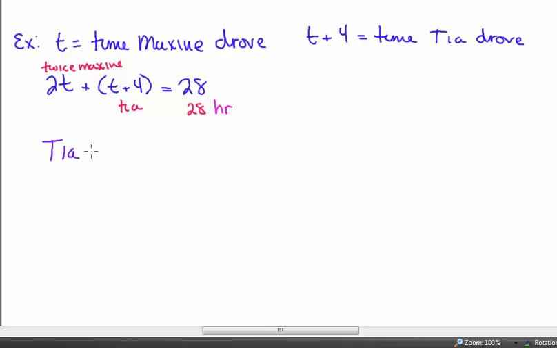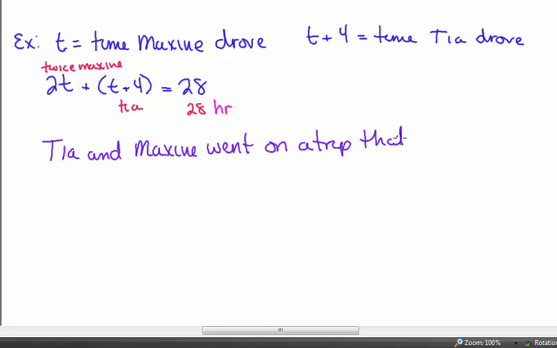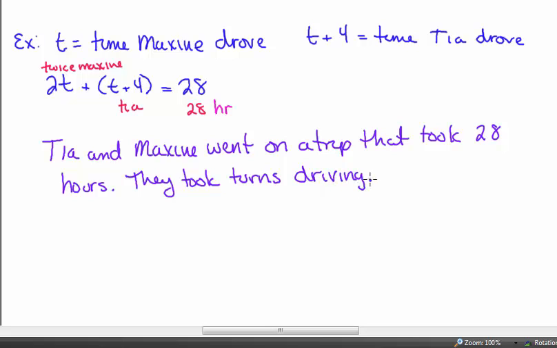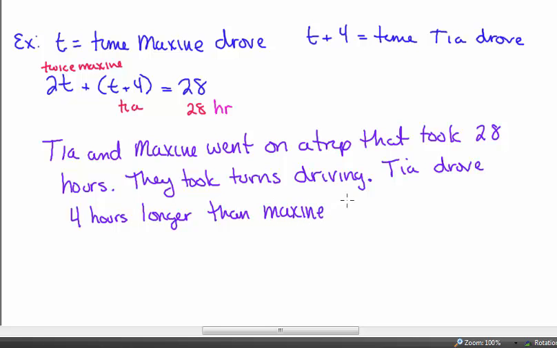So I can say that Tia and Maxine went on a trip that took 28 hours. They took turns driving. Tia drove 4 hours longer than Maxine during her turn.